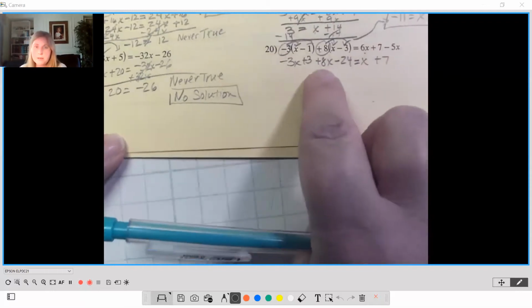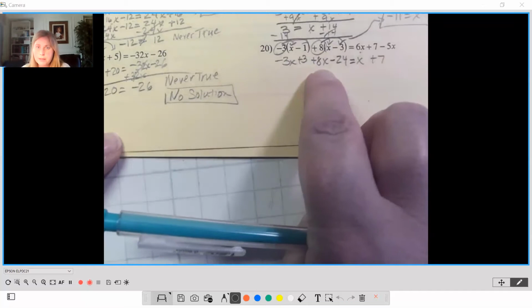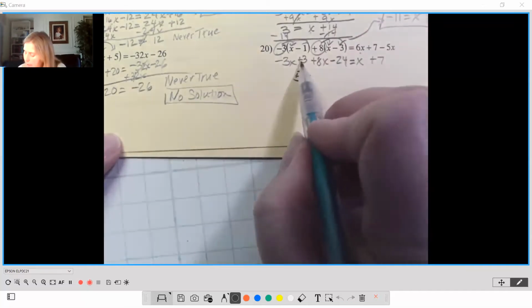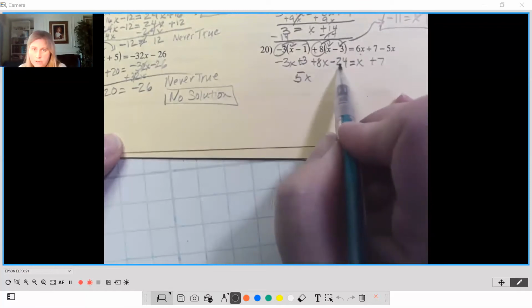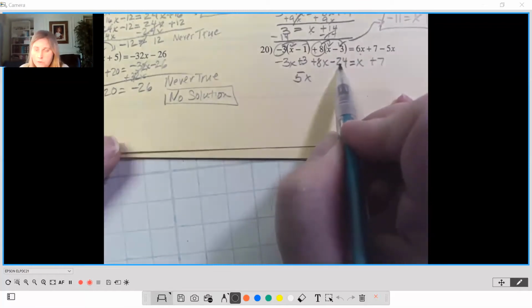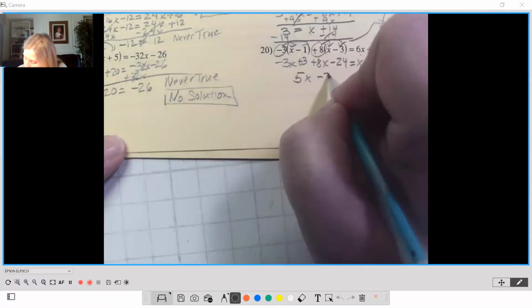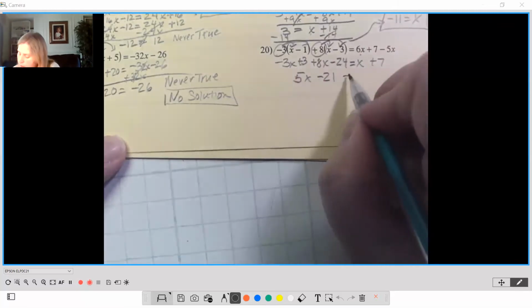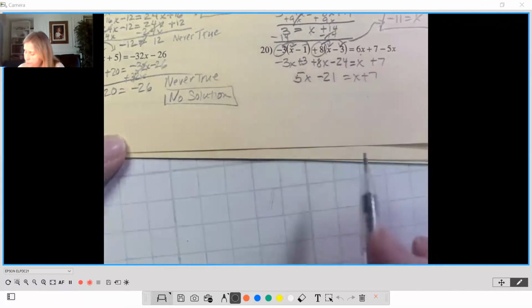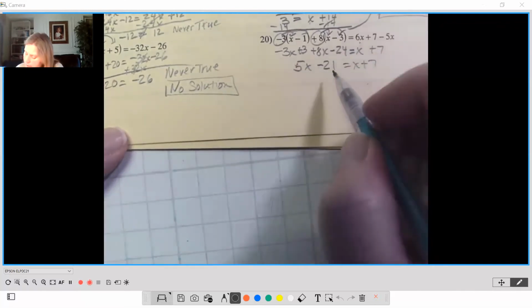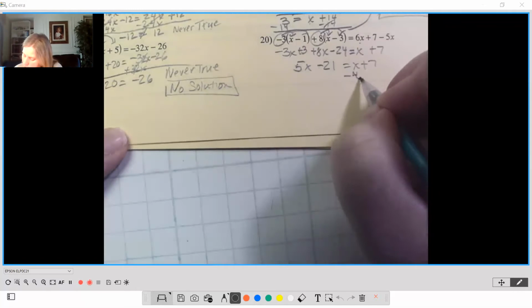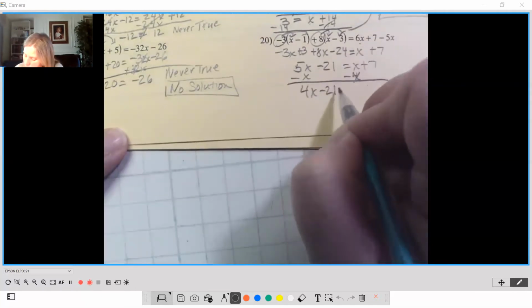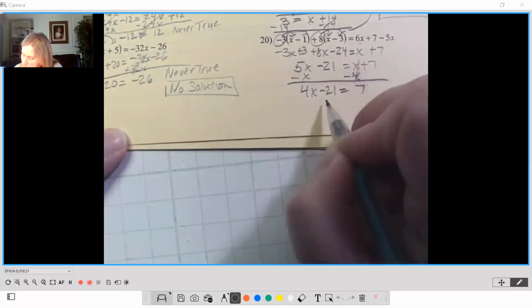On the left side, let's combine like terms. Negative 3x plus 8x is 5x. And then positive 3 minus 24 is negative 21x. Or excuse me, negative 21. This is just numbers. And then bring down the equals x plus 7. Let's go ahead and subtract x from each side. 4x minus 21 equals 7.